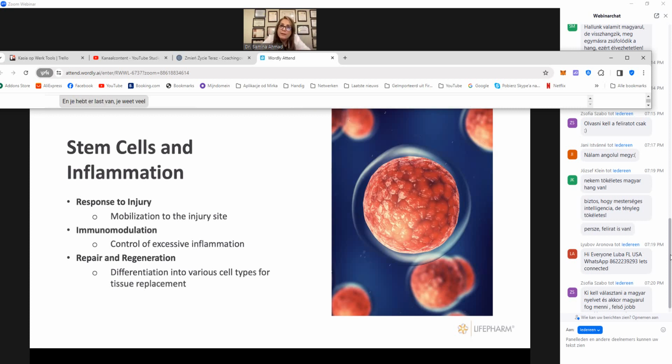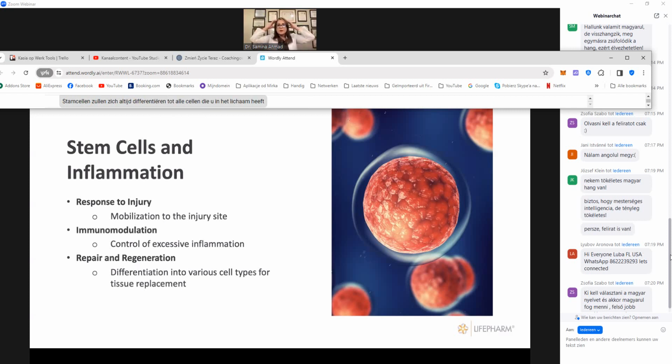Now, what will happen is, if your stem cells are working well, they have the brain or the mindset or the wisdom to travel to the place where they are required. So if it is the bleeding gums, they go there, they quickly repair. Stem cells will always differentiate into all the cells that you have in the body.